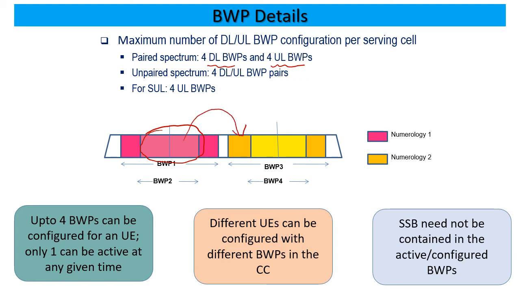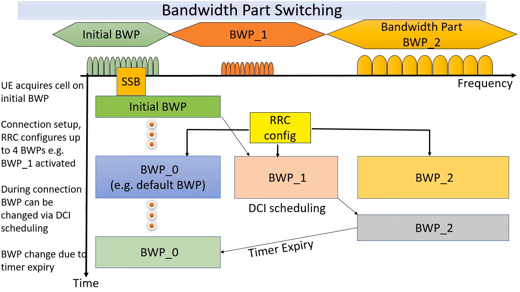Once you prepare the configured bandwidth parts, then it's quite easy to switch between the different bandwidth parts based on a variety of context. So this picture gives us an idea of how we start. Our very initial bandwidth parts are the areas where we observe the initial signals, where we get RRC connected. And once we get RRC connected, we can have configuration which can tell us about various other bandwidth parts that we might have to be ready for.